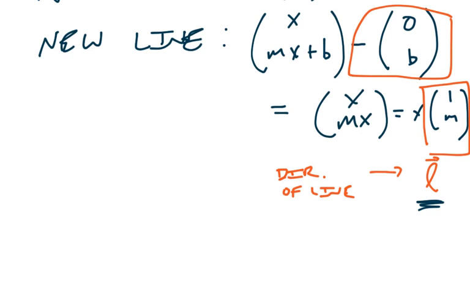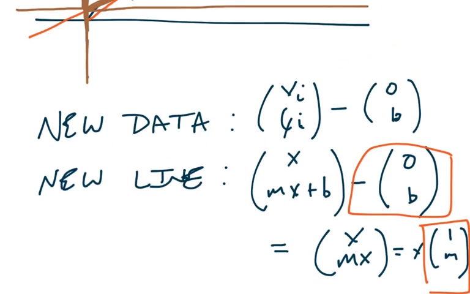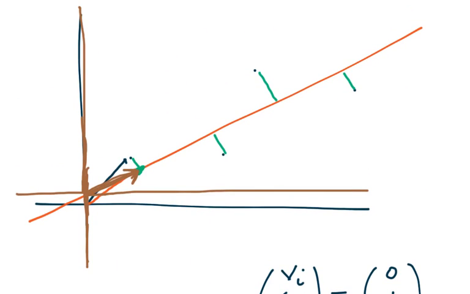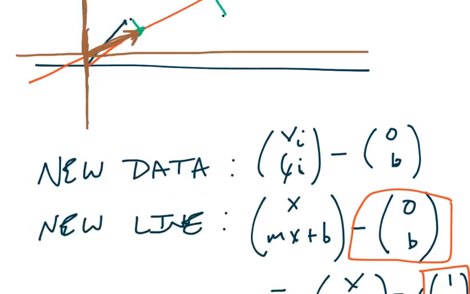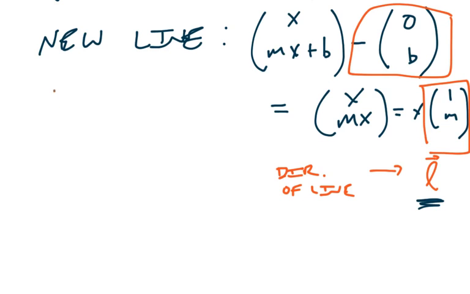Okay, so this is going to root everything in a new origin for us, right? Everything will be rooted in the origin that is brown in this picture. And that's going to be great for us, right? This is going to give us a picture that looks something like this. Let me draw a new one. Right, so in the brown axes, which is just the shifted axes, our line now moves through the origin, and our new data vectors are going to connect to the old data points, right?